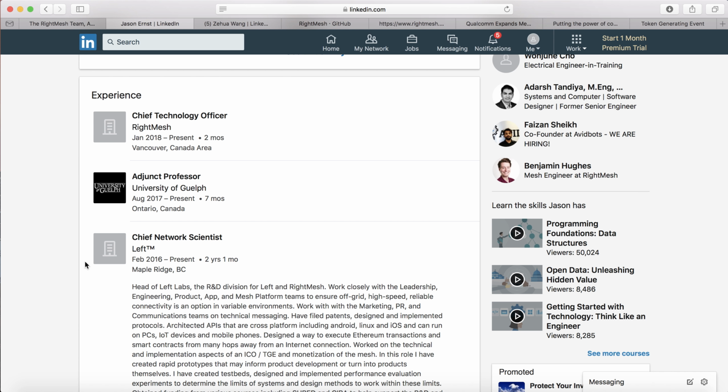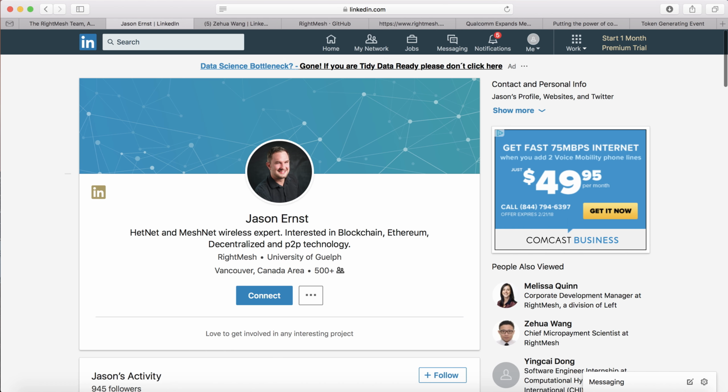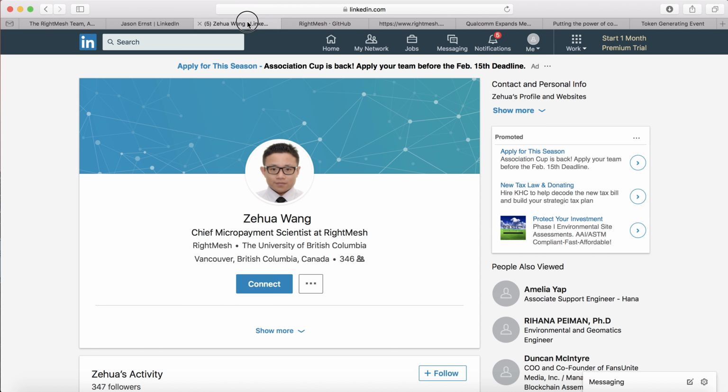Left is the mother company of RightMesh. He is the head of R&D of RightMesh for this project. This project actually started in 2010, so they have been working on it for quite some time. It's not just a few months ago.